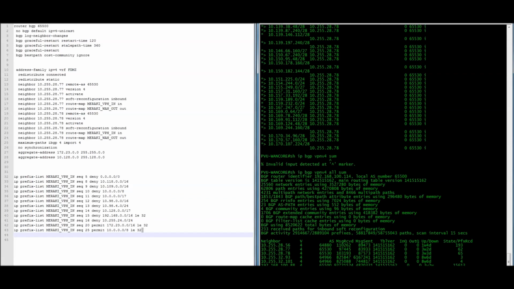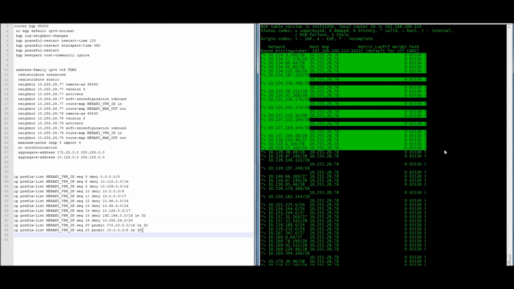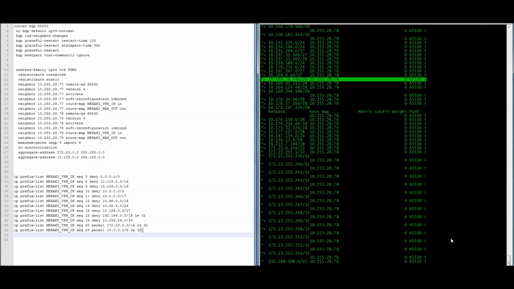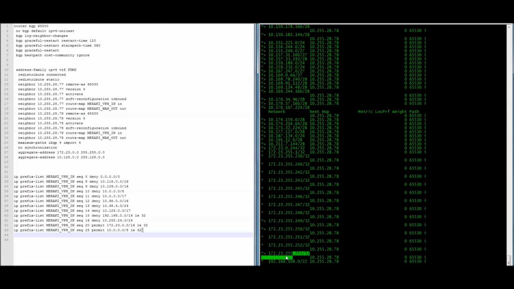But we also can look at the number of routes that are being received, or what specific routes are being received, and the number of prefixes. So as we can see here, looking at the received routes, we have all of the relevant 10 dot space, and we have all of the relevant 172 space that's being used for VPN NAT subnet translation.